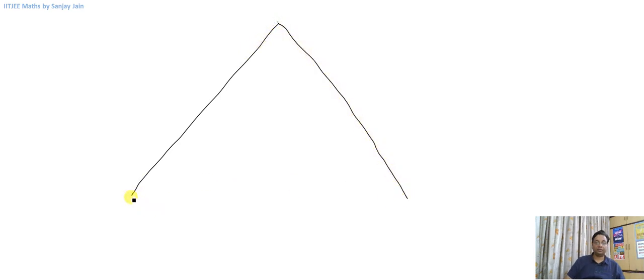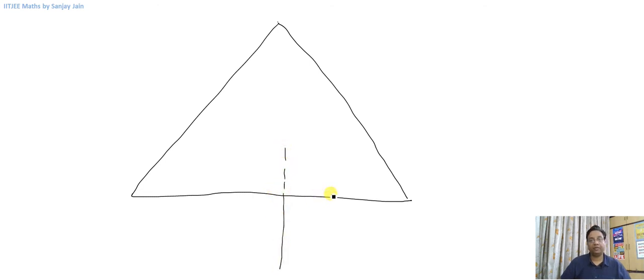Okay, now we know already. Let me draw a triangle once again. I'll talk about the coordinates of the orthocenter also in a short while, but let us understand a few things. See, let us say this is the perpendicular bisector of this base, and let this be the altitude, one of the altitudes, right?